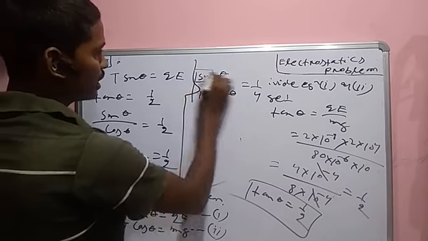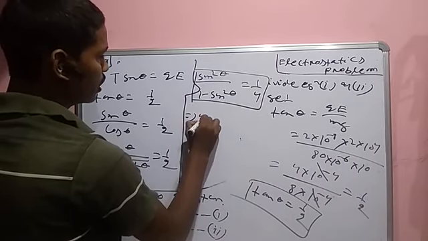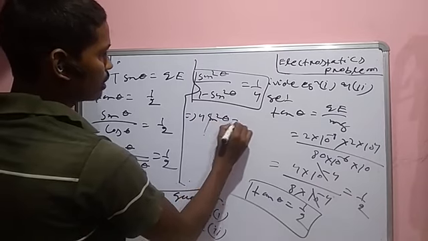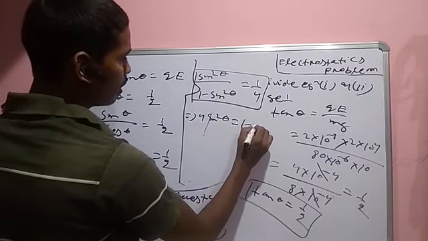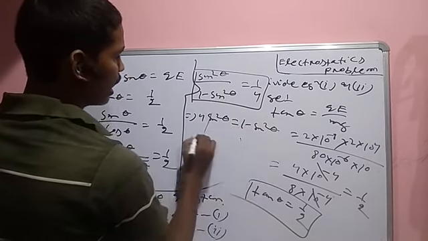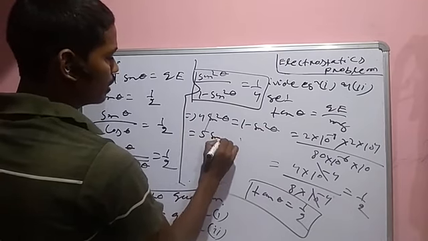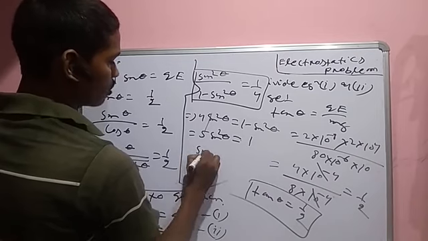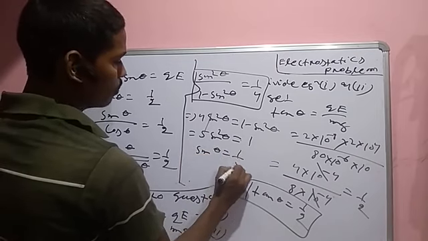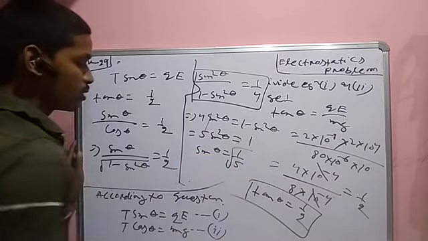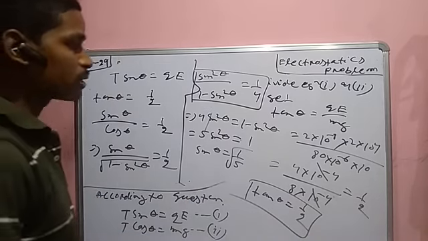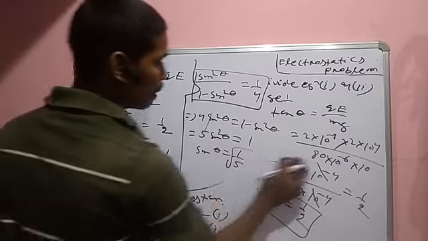So 4 sin square theta is equal to 1 minus sin square theta, 5 sin square theta is equal to 1, so sin theta is equal to 1 by root 5.